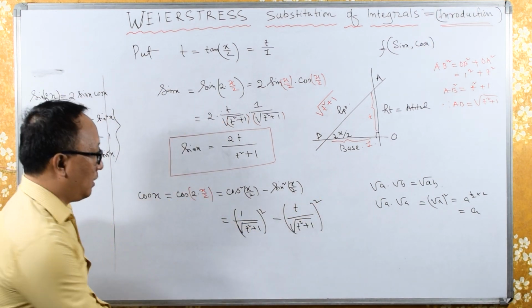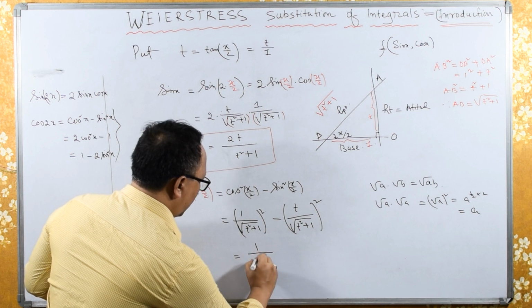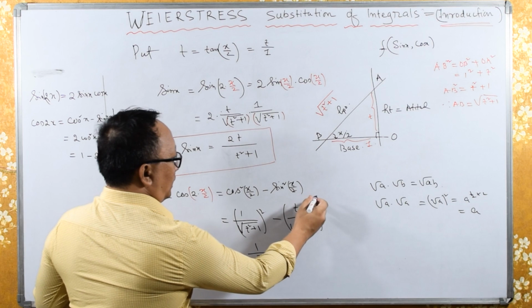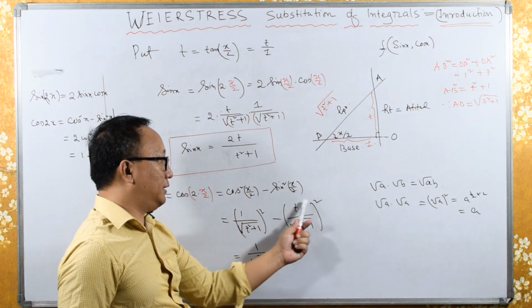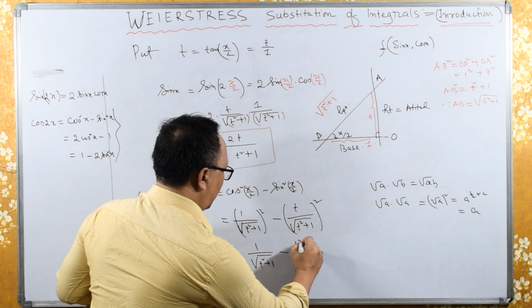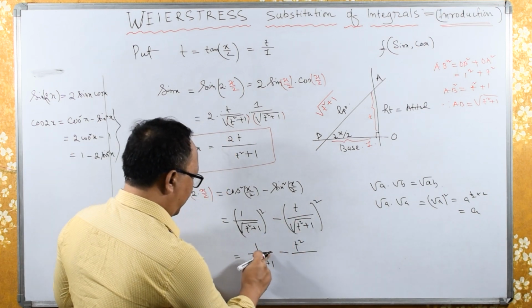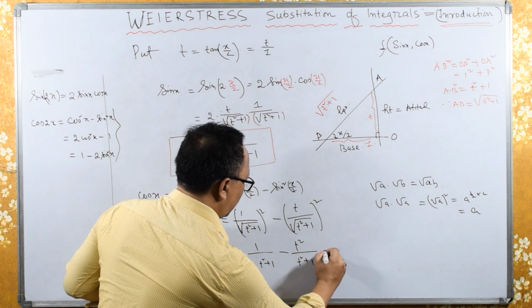Now the square root and the square get cancelled. What we have is 1 upon t square plus 1 minus t square upon t square plus 1.